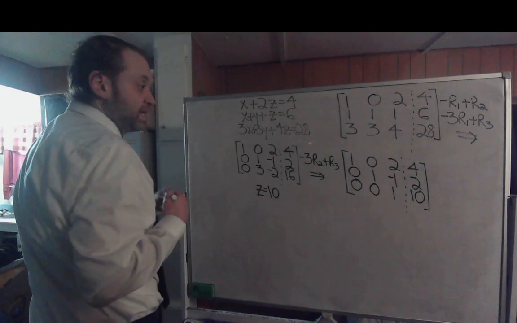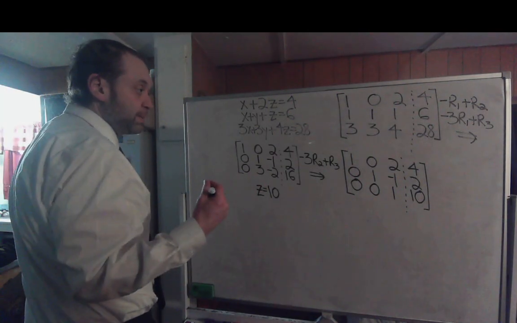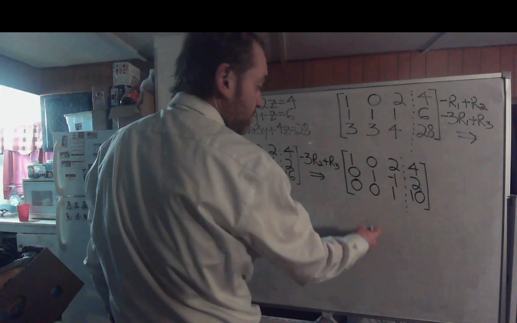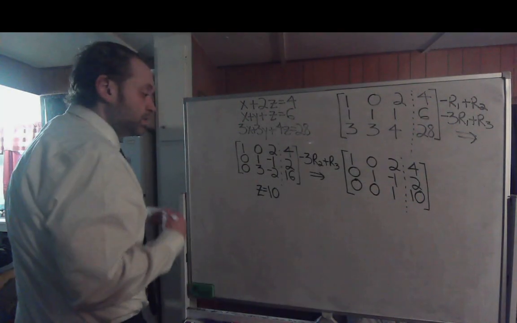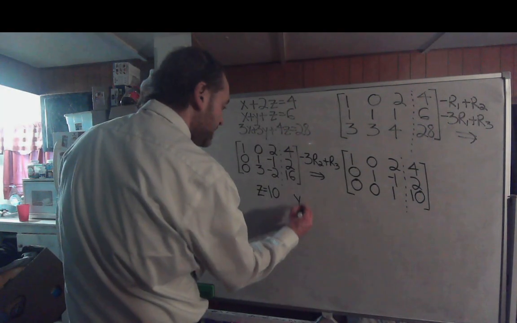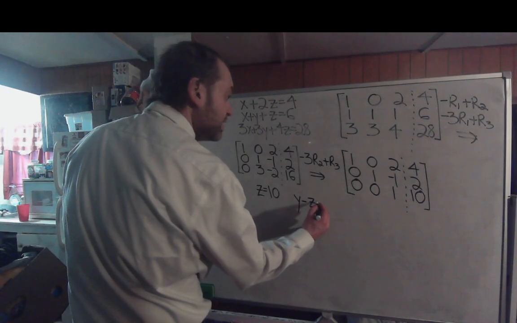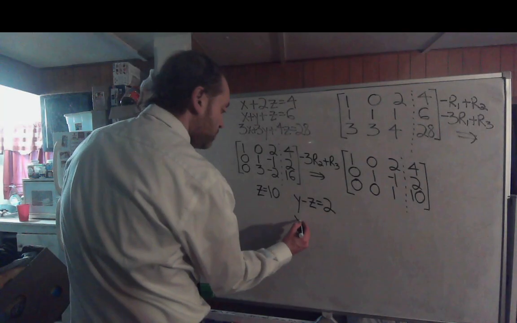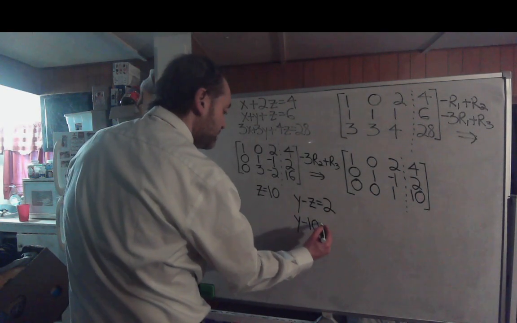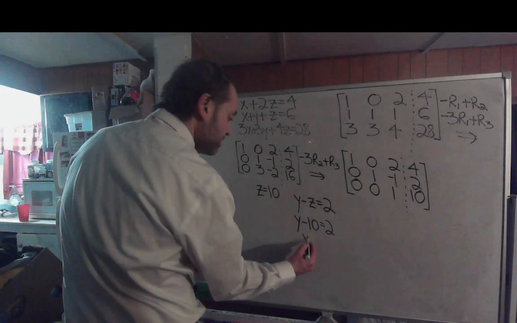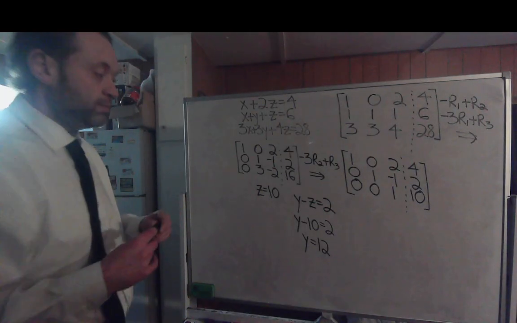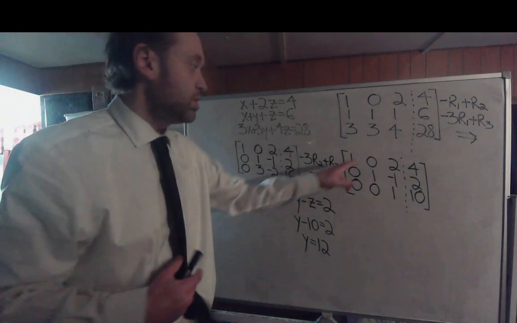All right, now take that z value of 10 and put it into your middle row. This would be telling you that y minus z equals 2. So that means y minus 10 equals 2, which would end up giving you that y equals 12. We know y and z, we can now put those into the top row.